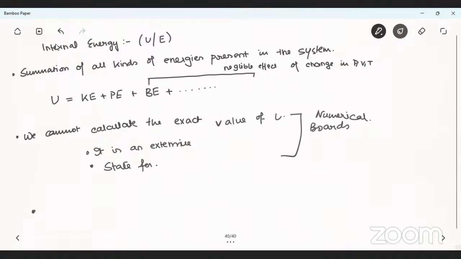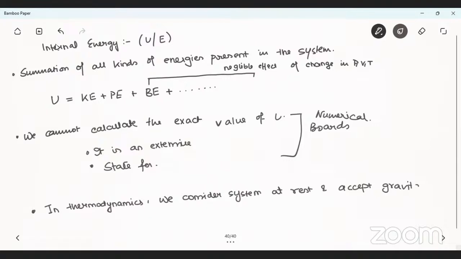So in thermodynamics for chemistry, remember this: we consider the system at rest and accept gravitational fields.